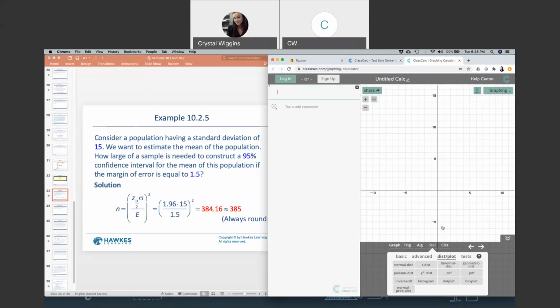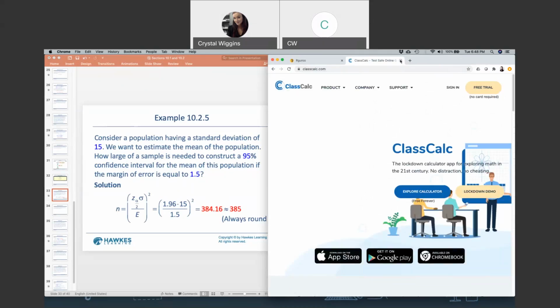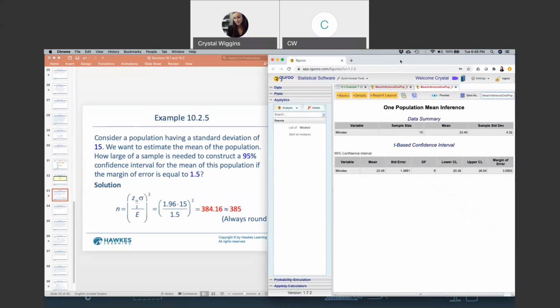So I will post a video on how to do it in the TI calculator, and I know I've done it in class calc before, but it's slipping my mind on how to get that critical value from class calc. But you can do it in the TI calculator, or you can do it in that table.